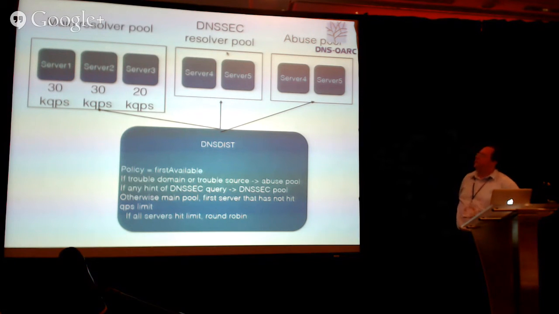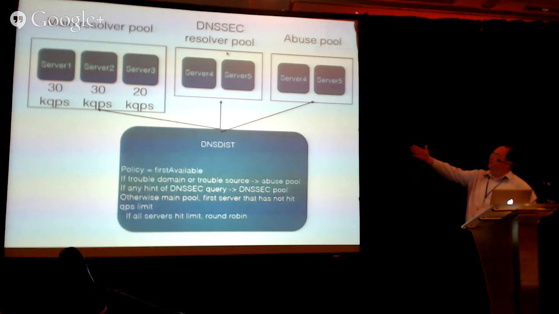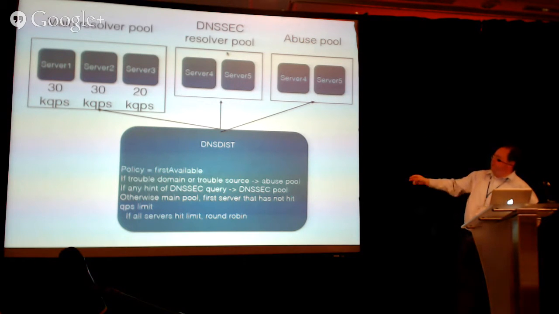So this is the concept we have. You have pools of servers. You can say, this is my main resolver pool, and they all can do 30,000 queries per second. I might have a special DNSSEC resolver pool where all queries that have the DO bit set get sent to that pool. And I might have an abuse pool, more about which later. When you configure this, it says policy first available.